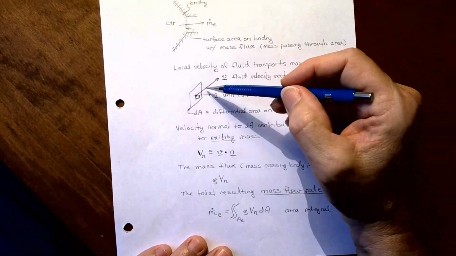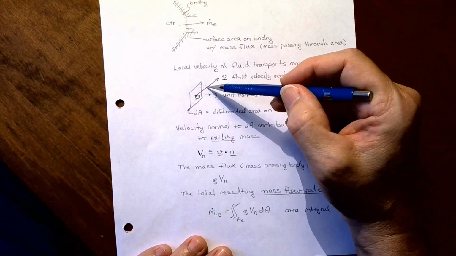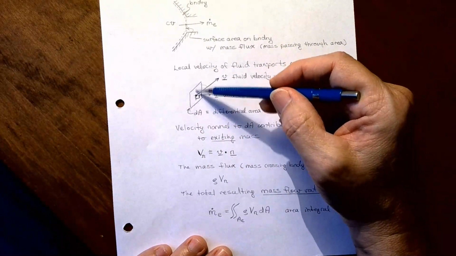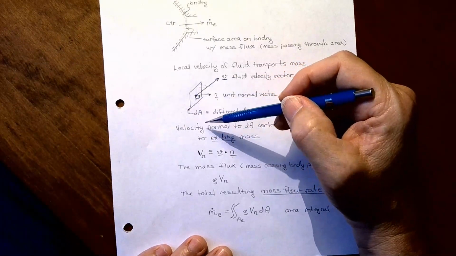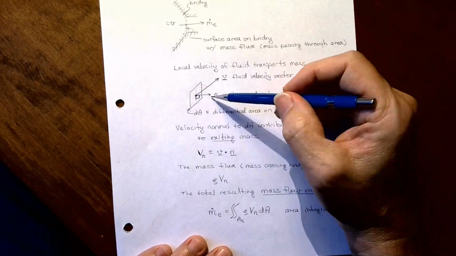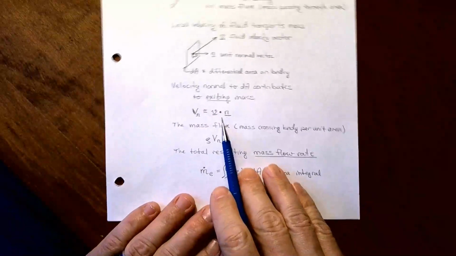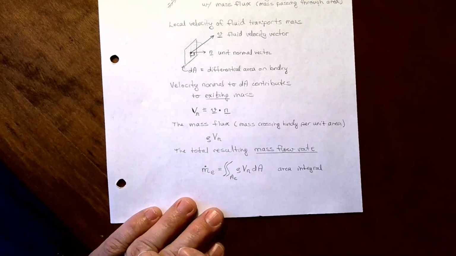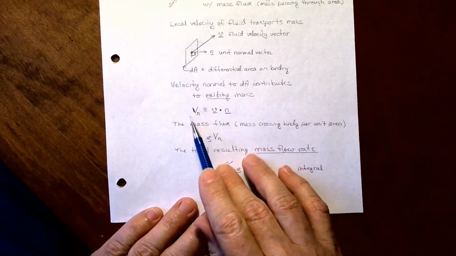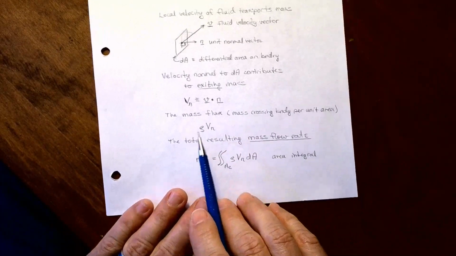Notice that the component of velocity that acts tangential to this surface wouldn't be leaving the control volume. We only want the component normal to it. So Vn is technically the velocity dotted with the normal component. We're only really going to care about this normal component of velocity.